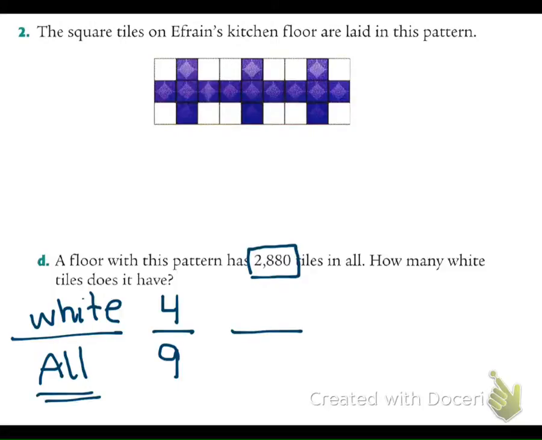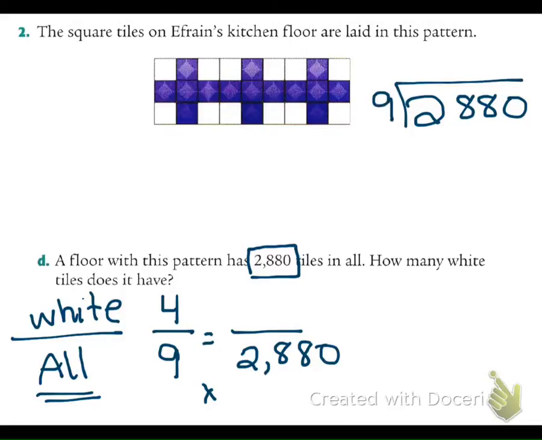So we'll put that on the bottom where all belongs, 2,880. And I'm thinking, how could I have gotten this equivalent ratio? And I don't know off the top of my head what I can multiply 9 by to get to 2,880. So I should go off to the side and do the division.